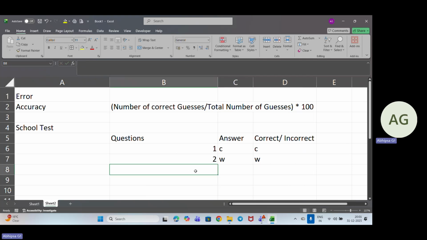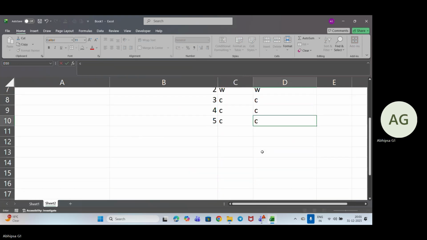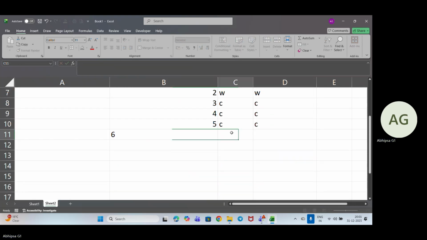Coming down to question three, the answer my model is giving is correct. Question four is correct as well. Five, correct, correct. Six, the answer is wrong.